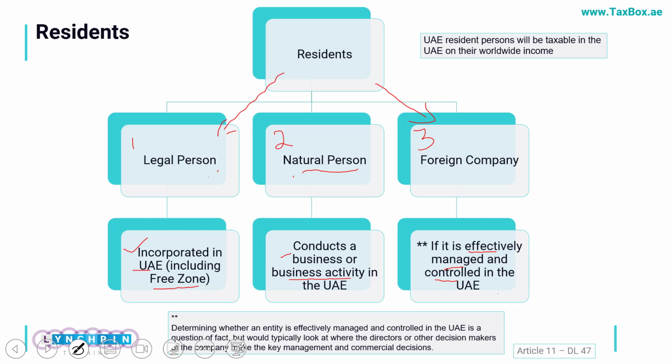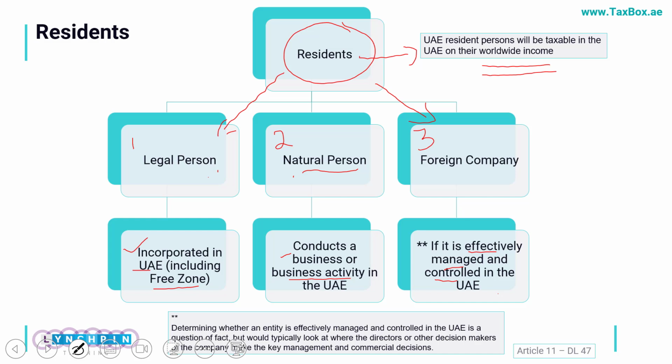This is a very sweeping section: if a foreign entity's decision makers are all sitting in UAE, in that case such a company will be effectively controlled and managed from within UAE, and all its global income would be taxed in UAE. So anybody who falls in the category of a resident, the main differentiation is that all his global, worldwide income will be taxed here in UAE.